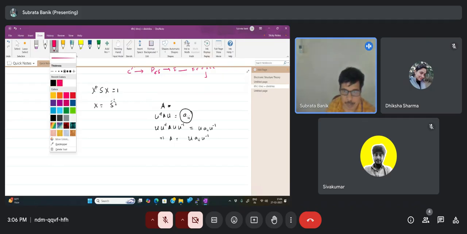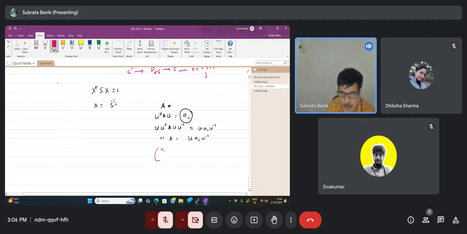Let's say I have a matrix like this: A1, A2, A3 on the diagonal, all other elements 0. This is, let's say, X. If I want to get X square, since all the off-diagonal elements are 0, you multiply this matrix with the same matrix and you get the diagonal elements squared.